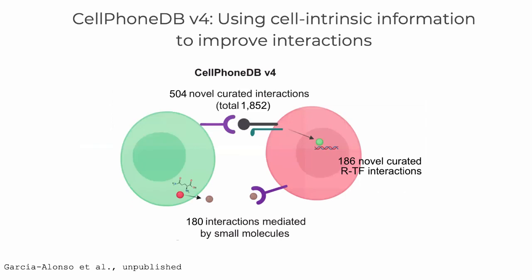Unpublished data from our team is a new version of CellPhoneDB, where we not only store more curated interactions, including those of small molecules, and in this case, because they are non-protein products, we look for the synthetic pathways to build them. We have also curated several receptors, ligands, and transcription factors that are part of the same pathway.